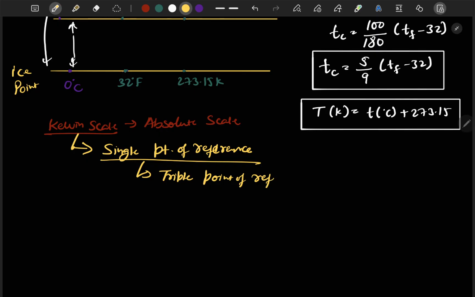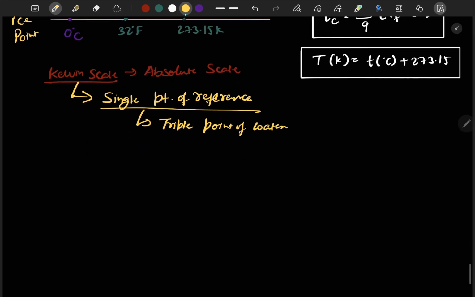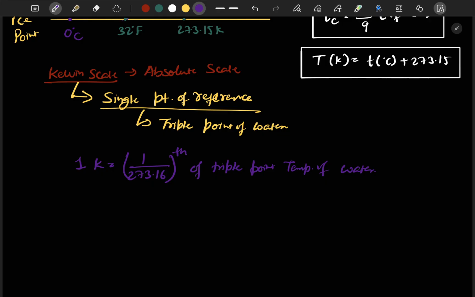So we will write the definition of 1 Kelvin: 1 Kelvin is equal to 1 upon 273.16 of the triple point temperature of water. This is the definition of 1 Kelvin if you are asked.